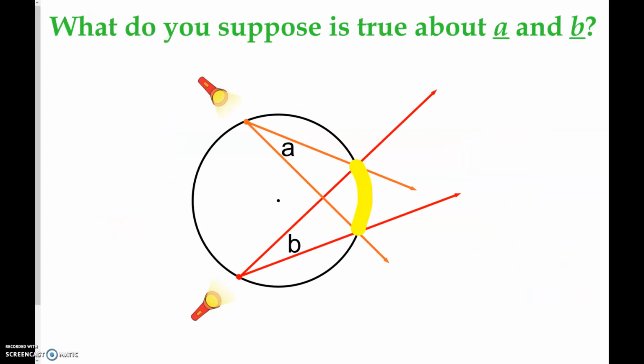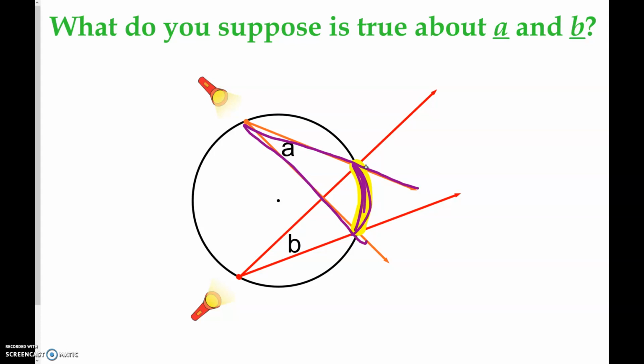The next thing here is we have two inscribed angles, angle A and angle B. If you look at this orange one, the intercepted arc is this bright yellow thing. And if you look at the red B, the intercepted arc is exactly the same thing.